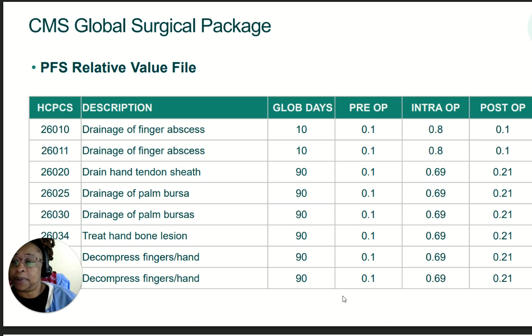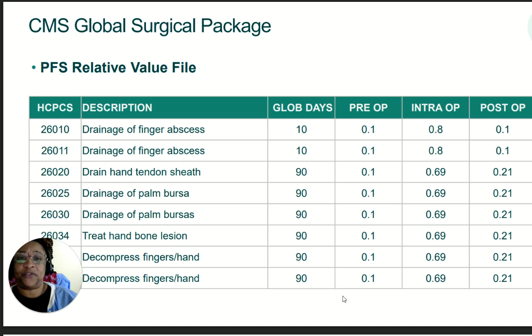So we see here a couple of examples. For the actual procedure code 26010, it says drainage of finger abscess, which indicates 10 global days. So anything related to that abscess of your finger, meaning if it's red, if it has pain, if it has fever, warmth to the touch, this is something that is related.